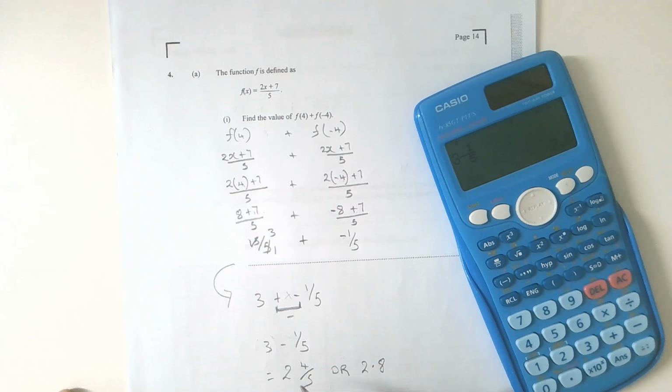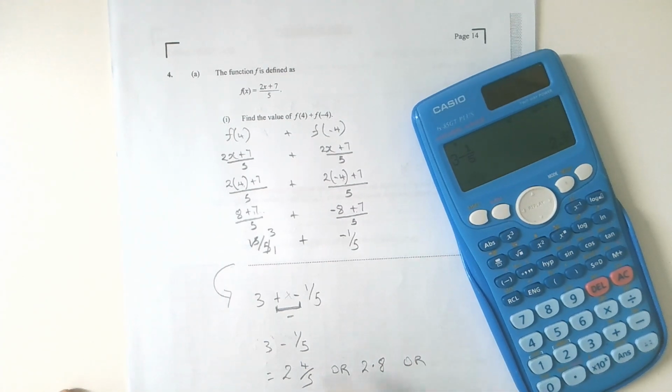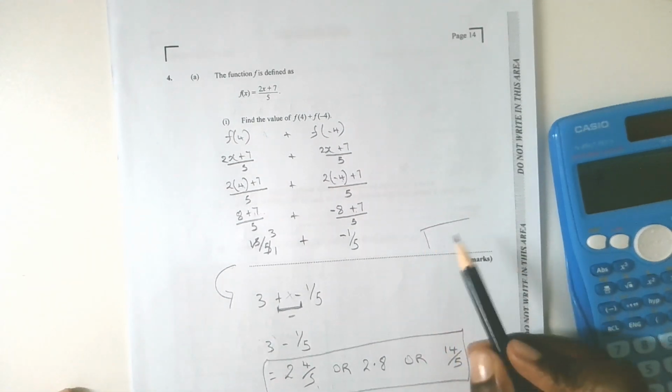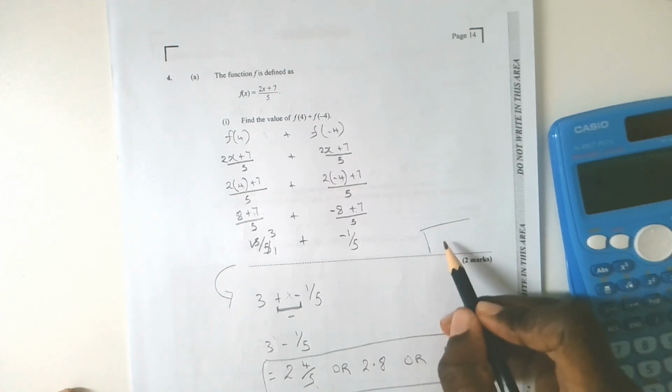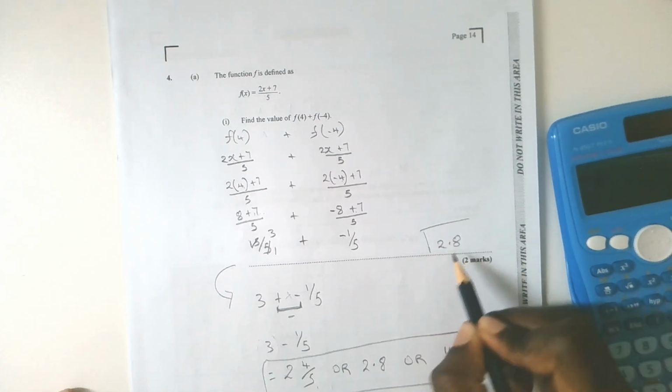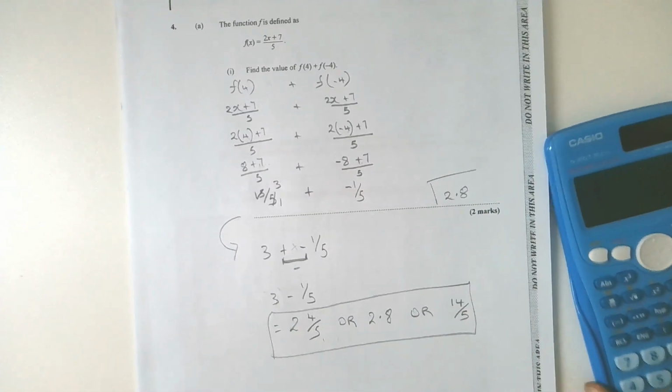Or we can convert this to a mixed fraction, which would give us 5 times 2 is 10 plus 4, which gives us 14 over 5. So any of these three values is going to be our answer here. We can keep it as a mixed fraction or 2.8. Any of it will be fine.